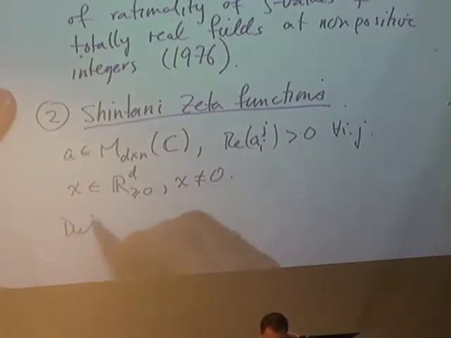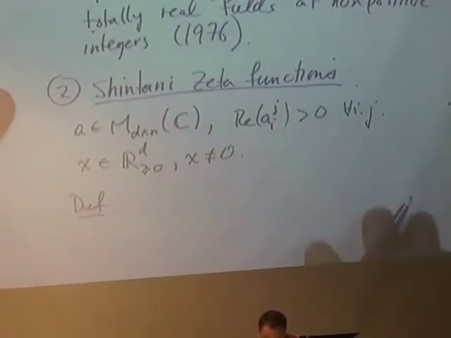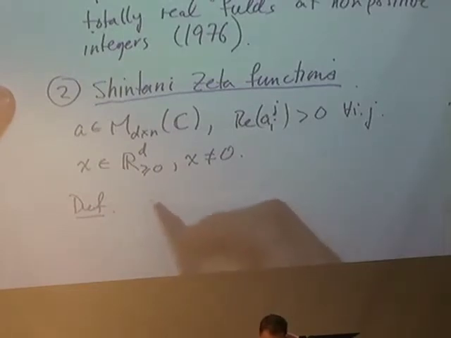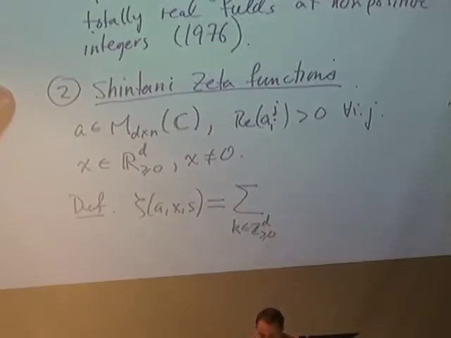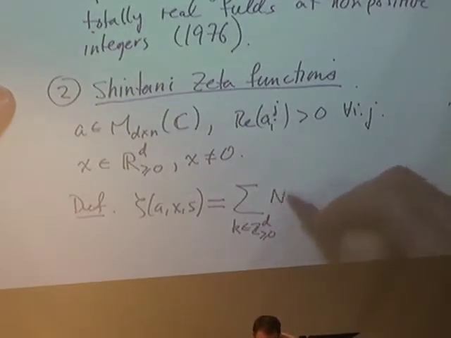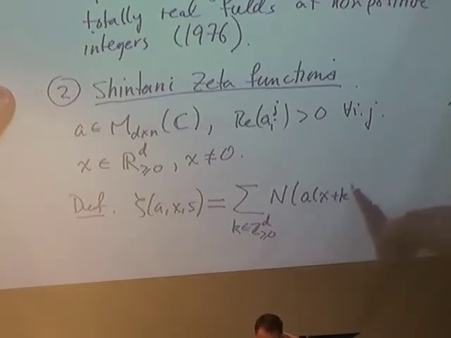And I can define this Shintani zeta function using a Dirichlet series. So the Shintani zeta function associated to these data is going to be the sum, where a multi-index k varies over d-tuples of non-negative integers, and then I'm taking the norm of the following column vector, A times x plus k.